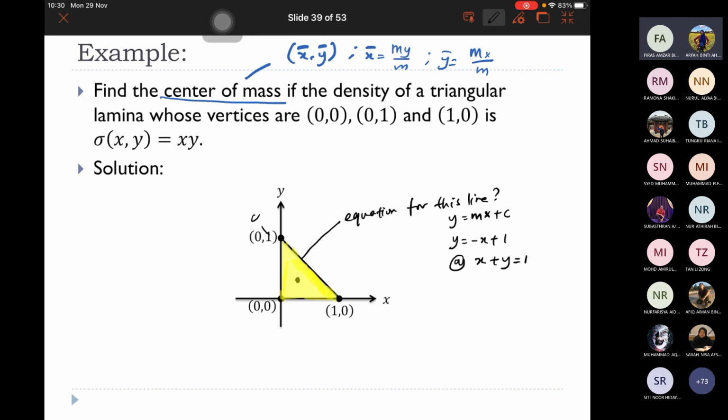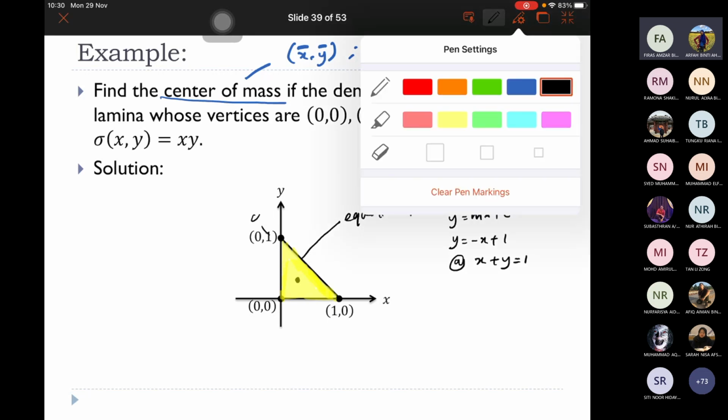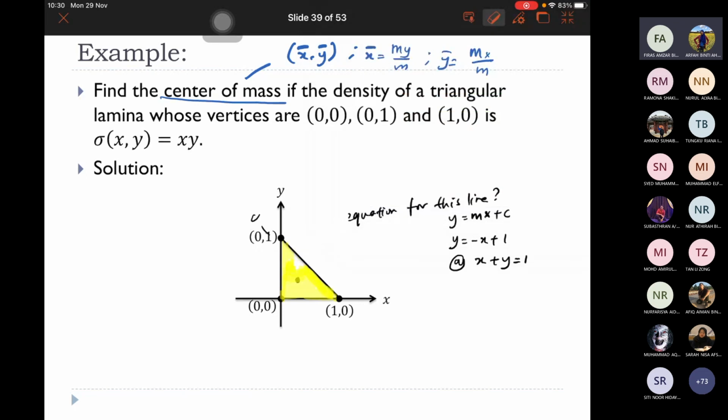So sama je. Daripada sini kita nak dapatkan dia punya My dan juga Mx, moment about y axis, moment about x axis dan juga moment of inertia. So sama je, awak ada garisan ni persamaan dia adalah y sama dengan negatif x tambah 1.